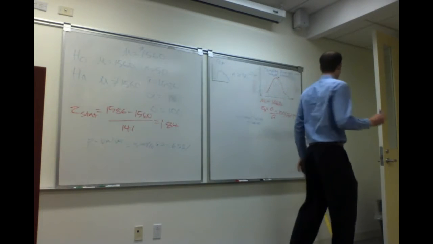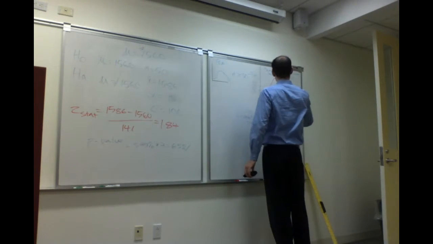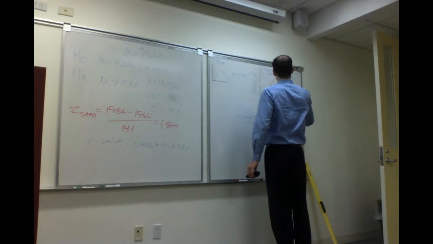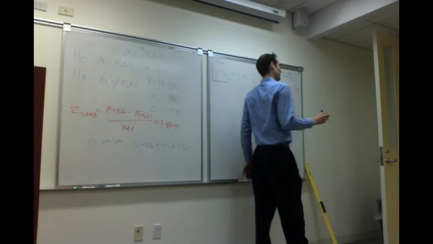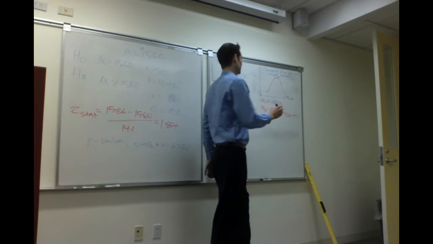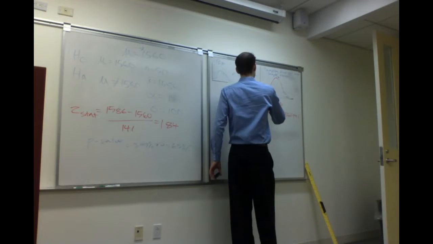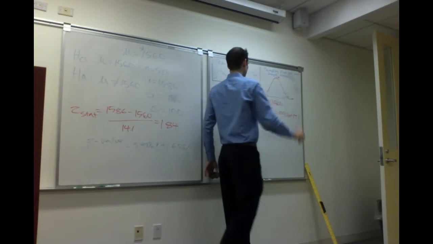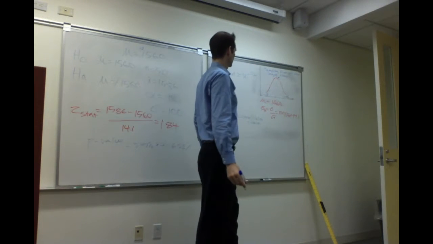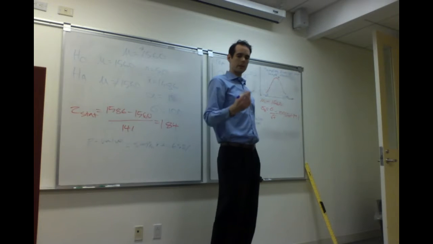Ready? Yes. All right. 0.5%, also known as 0.005. Okay, so we need critical values.